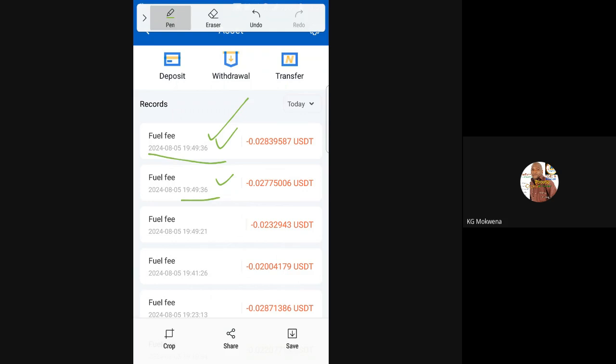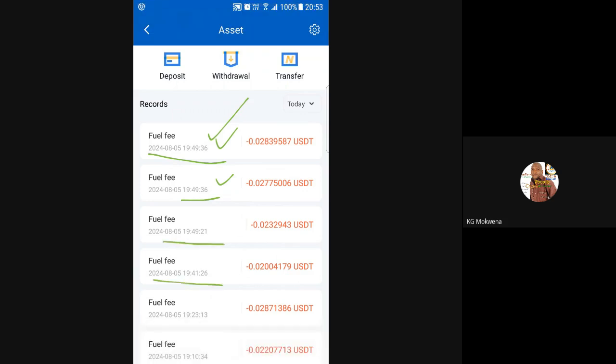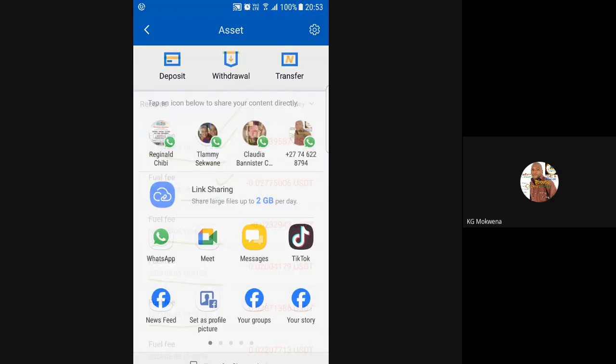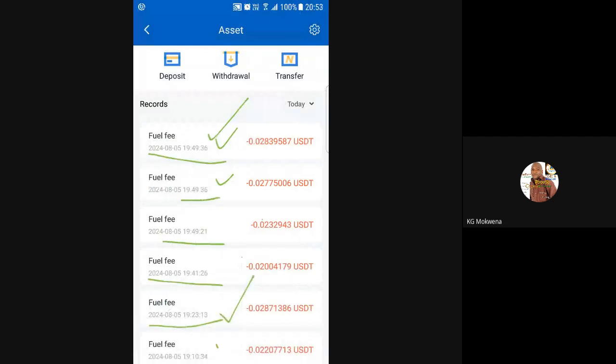Now look at this. Can you say this is transactions of gas? It means the robot is working like a robot, which is something that we want, business partners. It's burning gas, and it must burn gas like this, like a sewing machine.